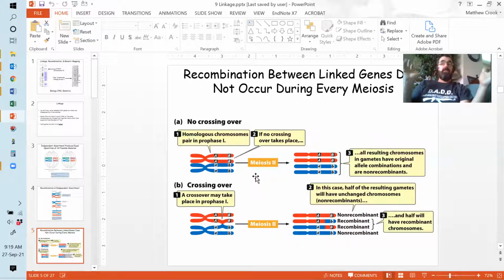Now, this isn't that recombination is not occurring. Recombination always occurs. But if they're close enough together, just like with the whole goalpost analogy, recombination could be happening outside of them, so you never see it. So don't confuse this with recombination occurring or not occurring. It always occurs.